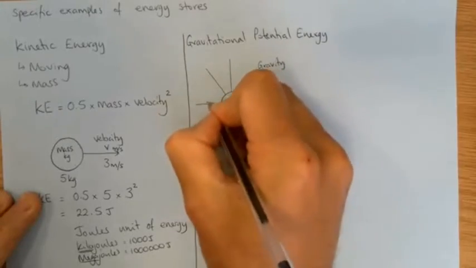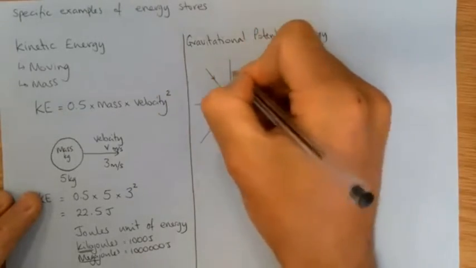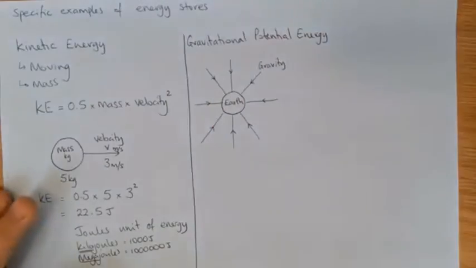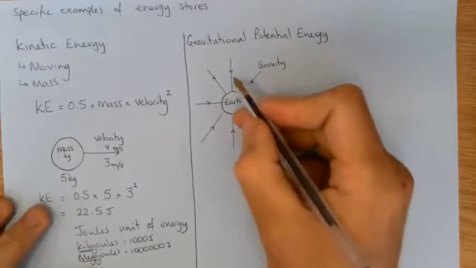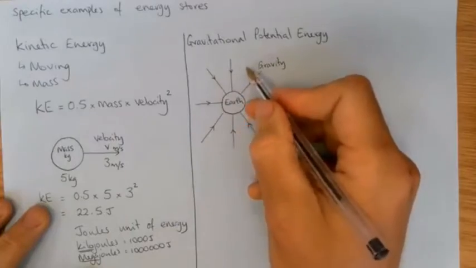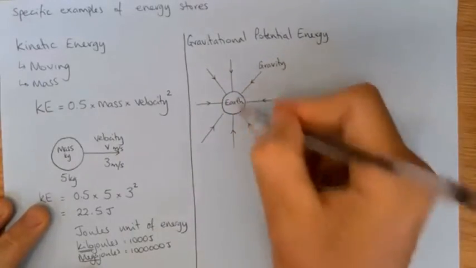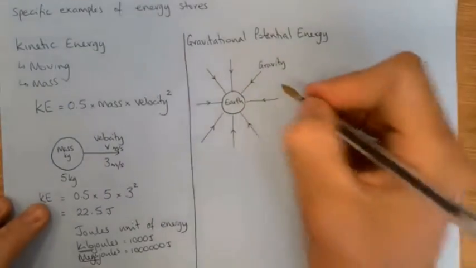So that could be attracting you to the surface of the Earth, or attracting a stone that you've thrown and it's going to come back, and it's gravity that attracts that object back to Earth.